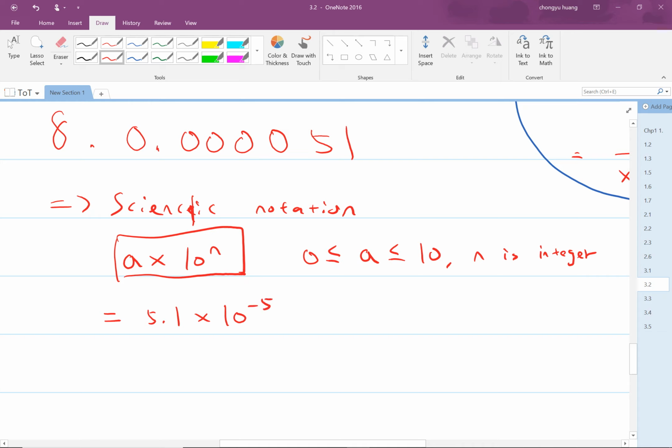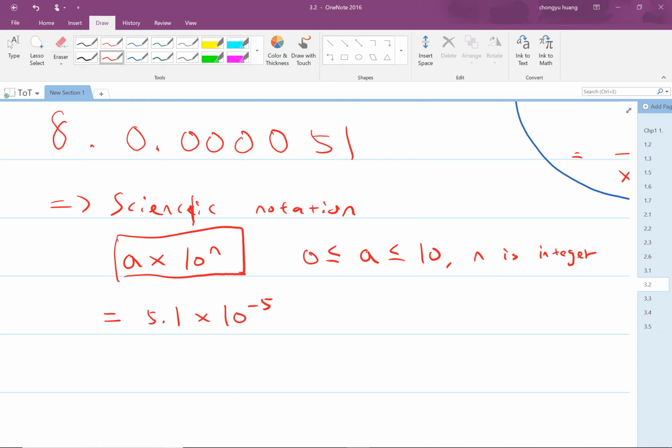So as I said before, let's go into the detail of why I write it in this kind of way. Okay, so basically over here, as we know, scientific notation has to be a multiplied by 10 to the power n, right? And a has to be between 0 and 10.